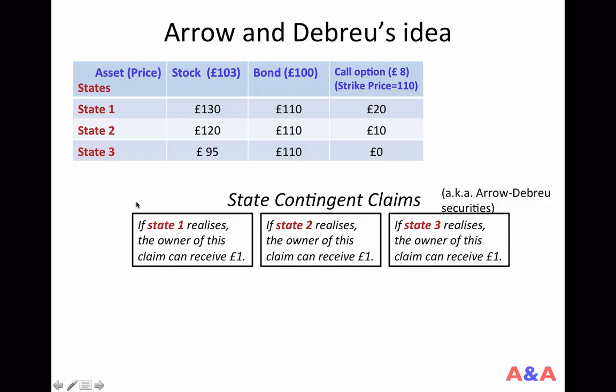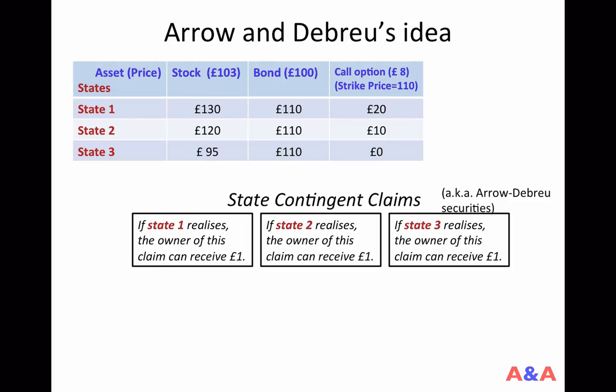It says, if state 1 realizes, the owner of this claim can receive £1. There should be a signature of an issuer, whoever it is. Similarly, the state 2 contingent claim is a paper which says the following. If state 2 realizes, then the owner of this paper can receive £1. Okay, same for state 3.